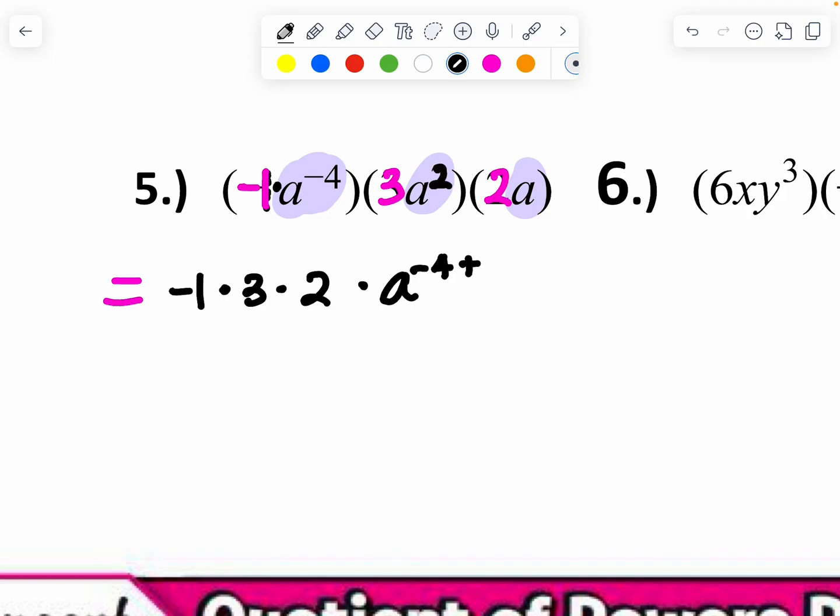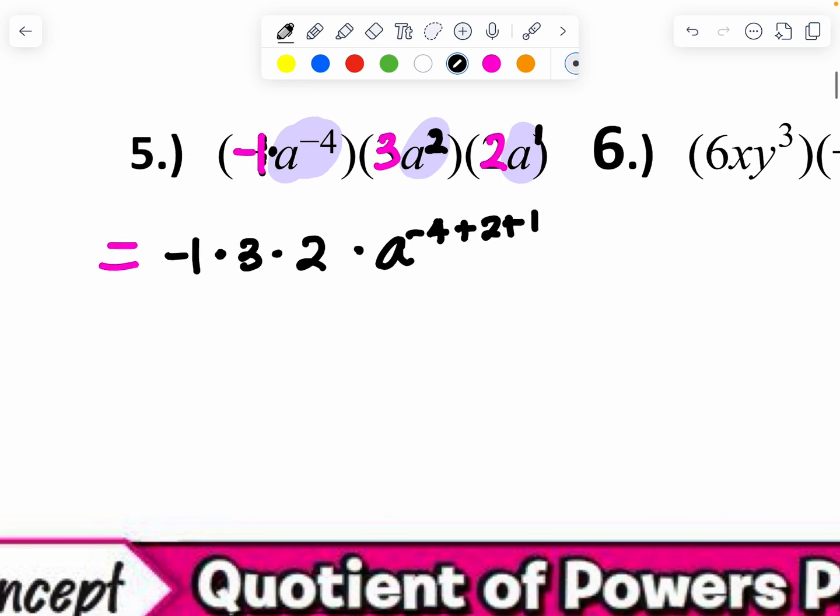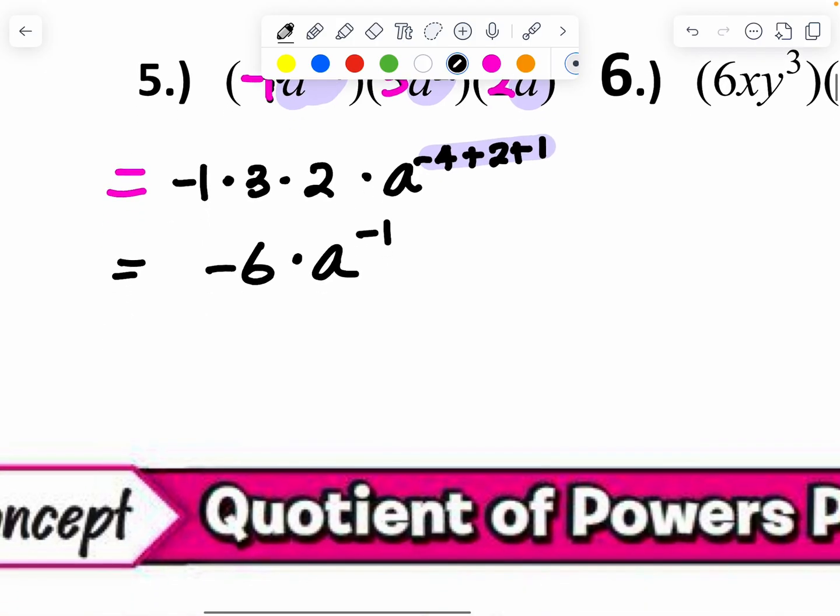Plus this 2, plus, remember, this is not 0, this is 1 like that. So negative 1 times 3 times 2 is negative 6. And when I combine my powers, what do I get? Negative 2 plus 1 is negative 1. So I end up with times a to the power of negative 1. Okay, math convention. Please do not leave your final answer with a negative exponent.